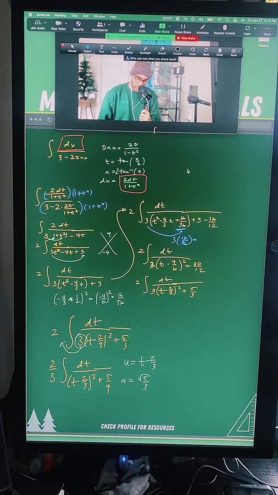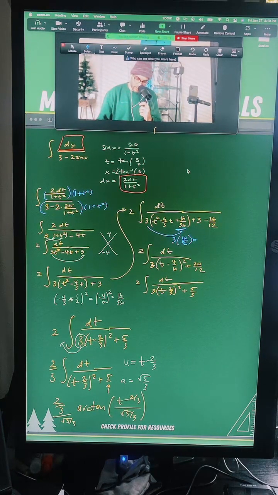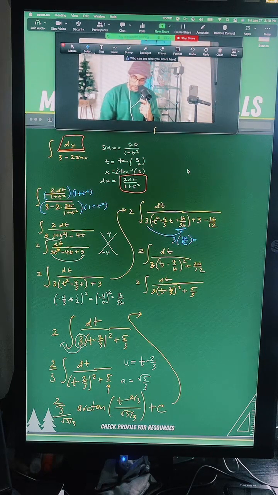All right, so anyway, let's go ahead and finish this up. This is now going to be 2/3 over root 5 over 3 arctan of t minus 2/3 over root 5 over 3 plus c. The only thing that I'm really going to simplify is the constant on the outside. And that's going to become this, guys. This is going to be our final solution.